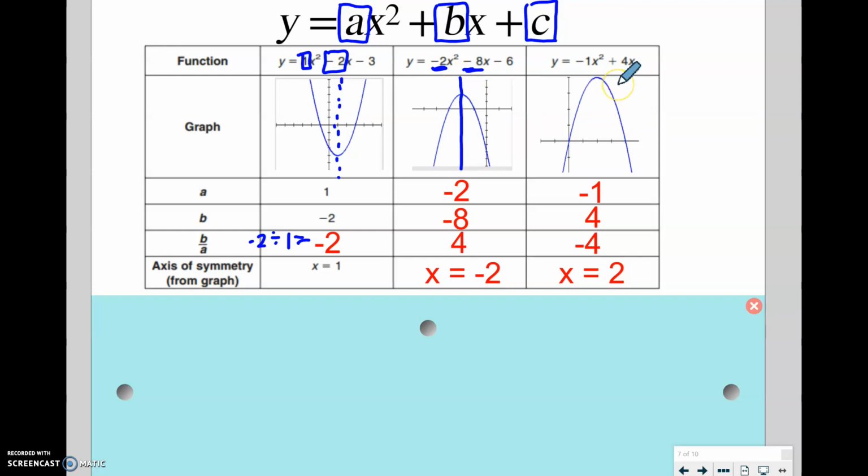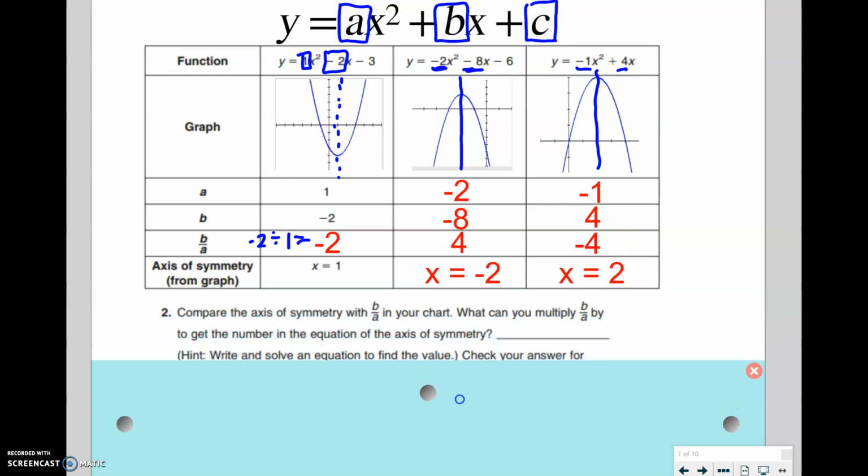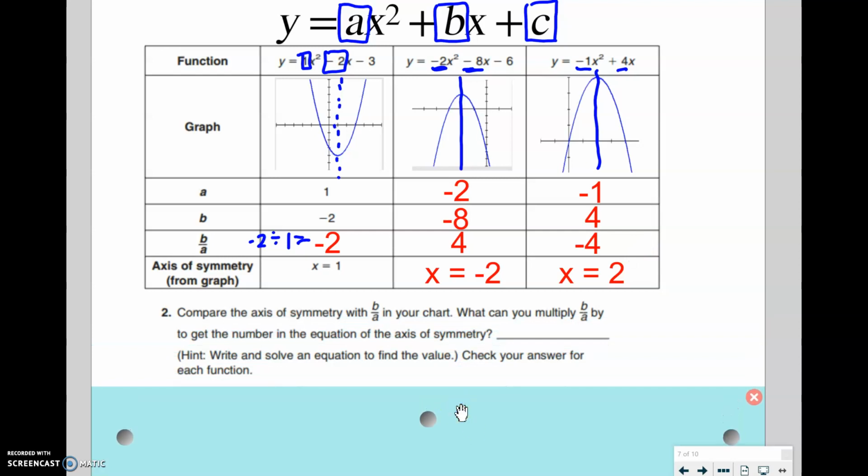And then my last example here, we have an a value of -1 and a b value of 4. If I do b divided by a, 4 divided by -1, I get -4. And I can see that my axis of symmetry going through the vertex here would be at 2, so x is equal to 2. Looking at this, we are going to look to see what the pattern is right here.